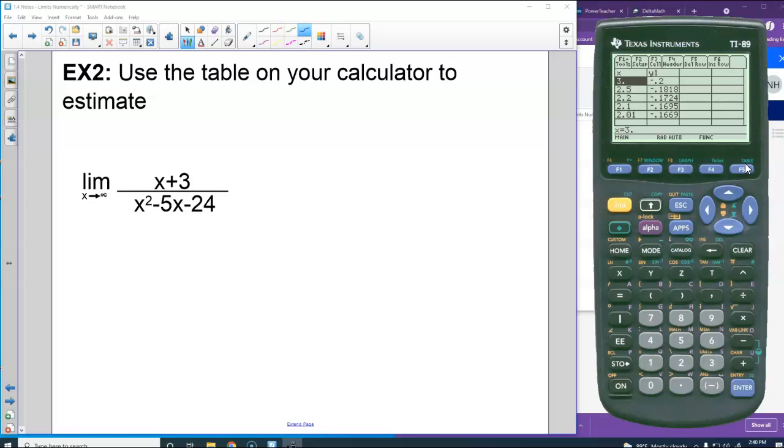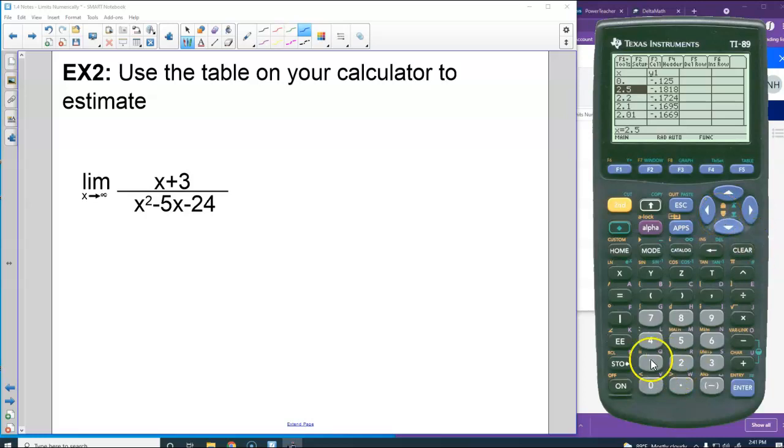This time, what is our x approaching? Infinity. So we could start maybe at 0. I put 0, I got negative 0.125, but then I need numbers to get larger and larger, right?